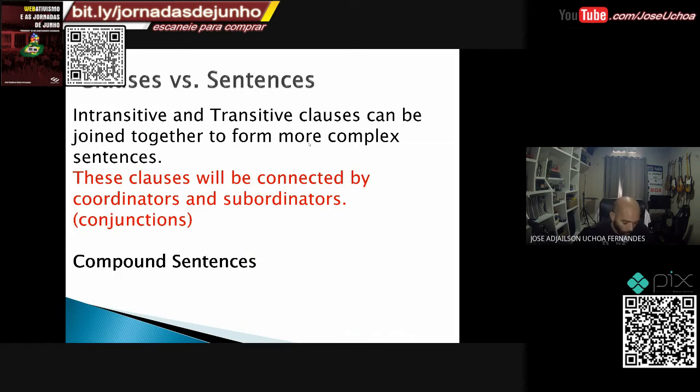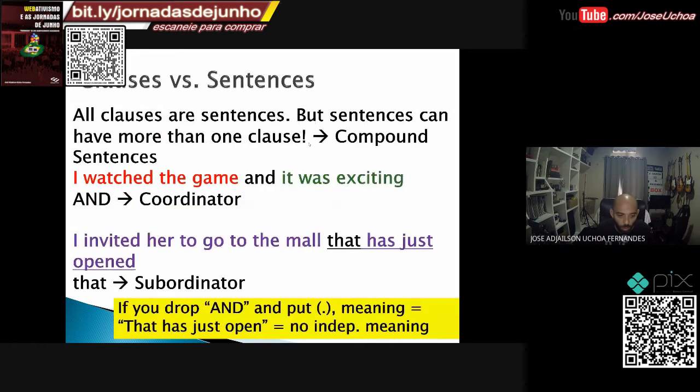Is this okay? The notion of compound sentences? Compound sentences are sentences that have more than one clause. Okay, and these two clauses, three clauses or more, they will always be joined by either a coordinator, if they are coordinate clauses, or subordinators when they are subordinate clauses.